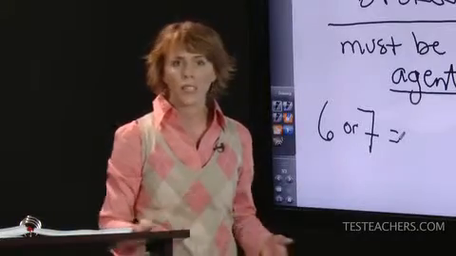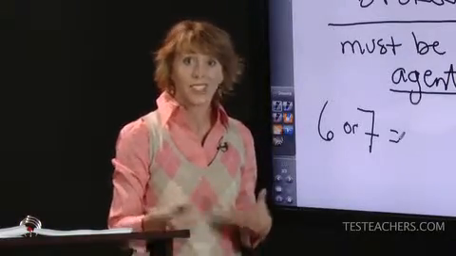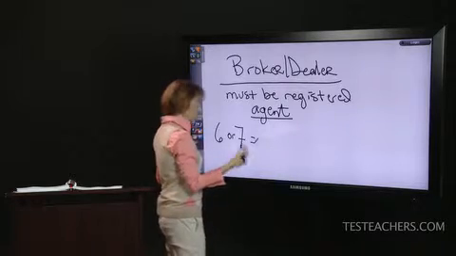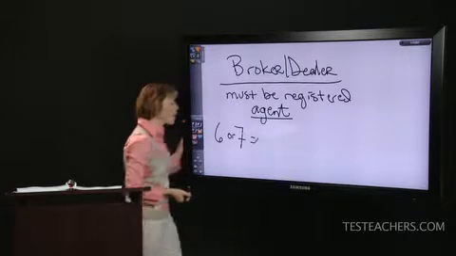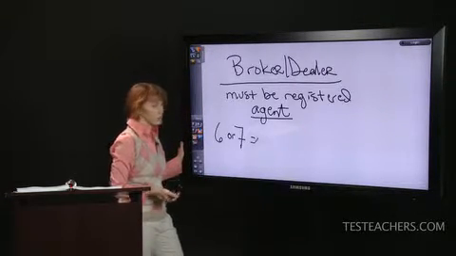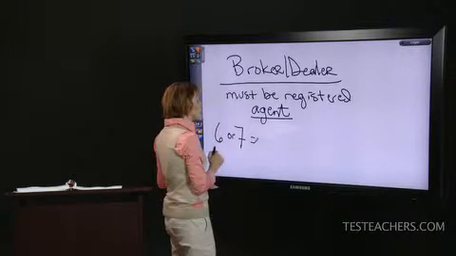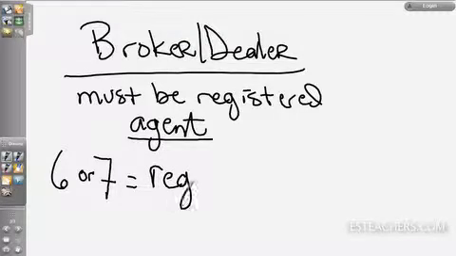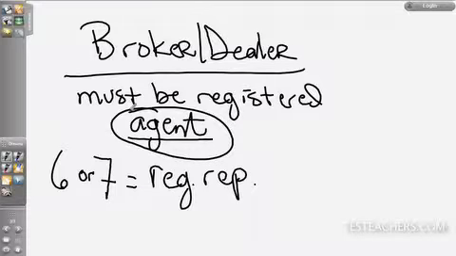So they're written by a totally different organization than what writes your test here. This test here is written by the North American Securities Administrators Association. So they're written by different people. The Series 6 or Series 7, we call you a registered representative. So a registered rep. You buy and sell securities for your clients with your Series 7 license. With your Series 6 license, you can sell variable insurance and mutual funds. They don't call you a registered rep, though, on this test. They're going to call you an agent.